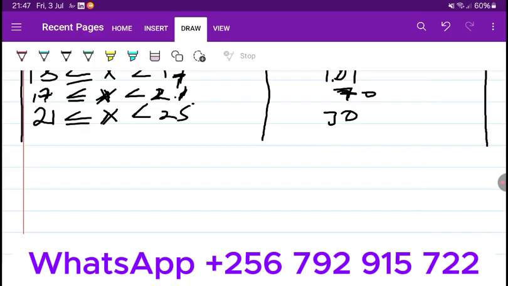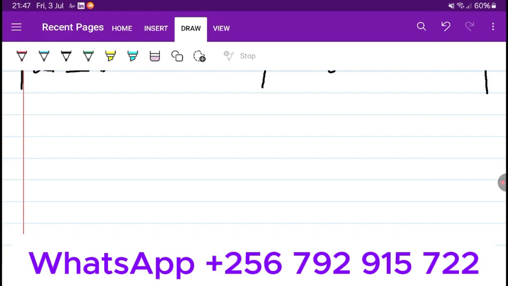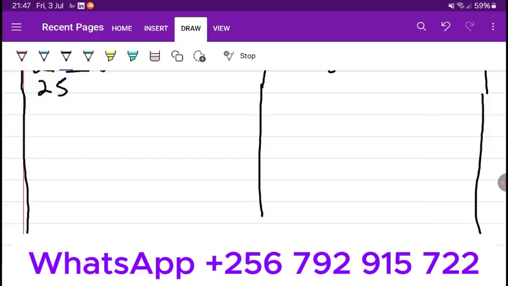There are 9 classes, so we move and then we add these other ones. Then this one is 25 less or equal to x less than 29. You read it from the middle, that x is greater than or equal to 25 but less than 29. That's how we read it.